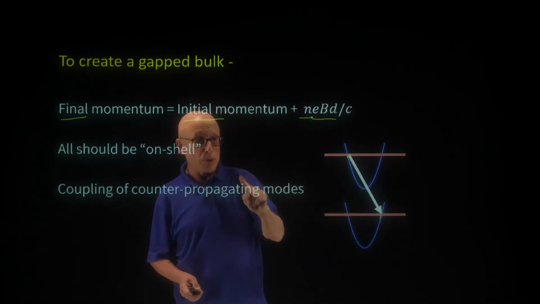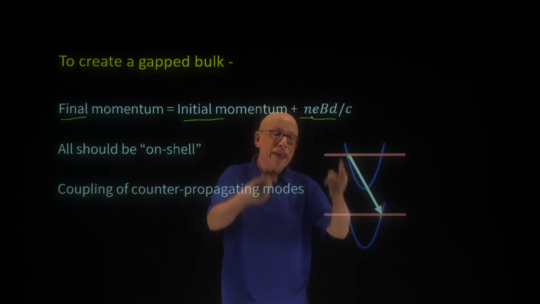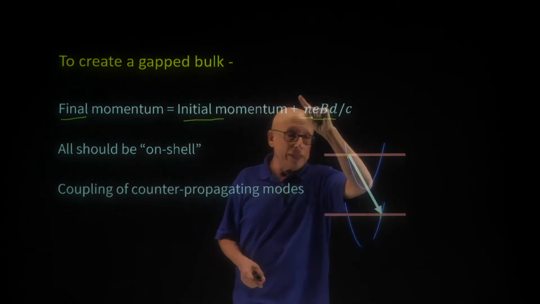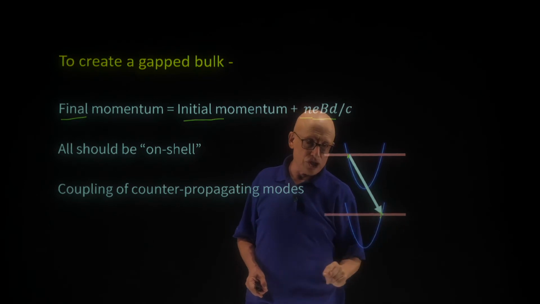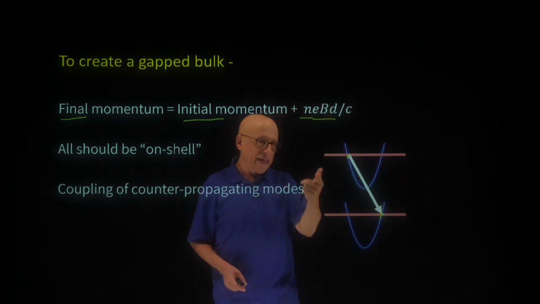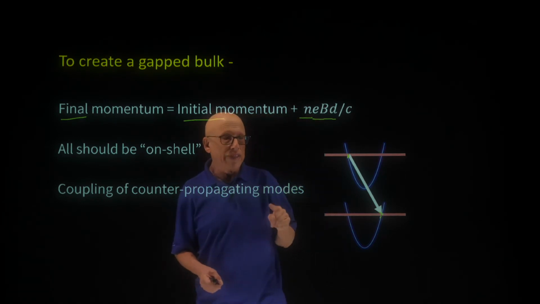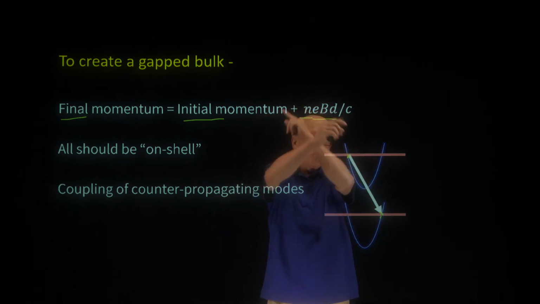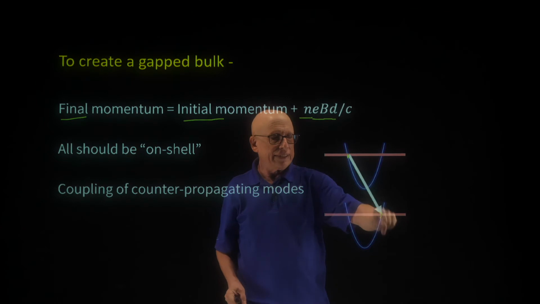Now, the crucial point is we want these tunneling events to form energy gaps at the chemical potential. And therefore, the final momentum and the initial momentum should all be at the chemical potential. And this is what we saw for nu equals 1. Not only that, we need this coupling to couple two modes which move in opposite directions, as exactly is seen here.